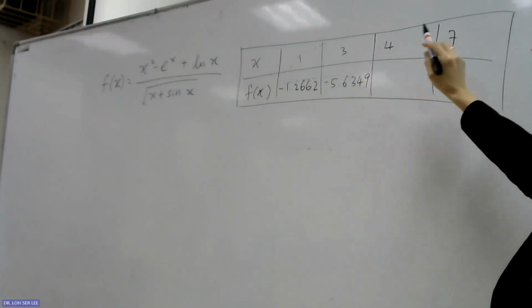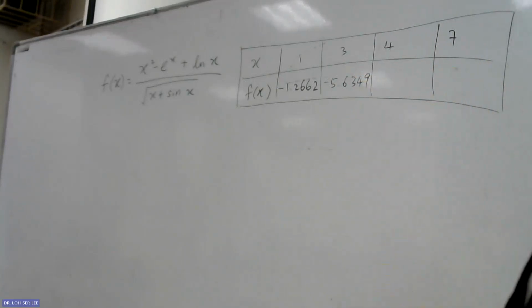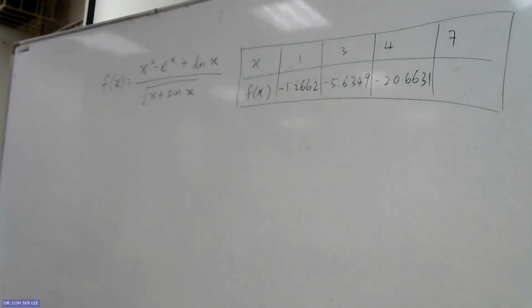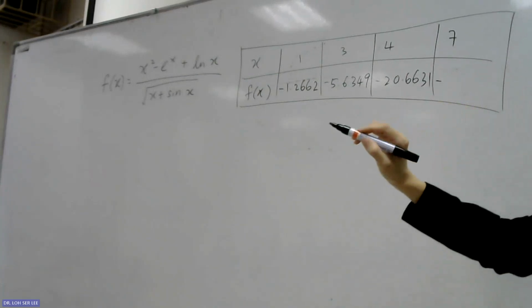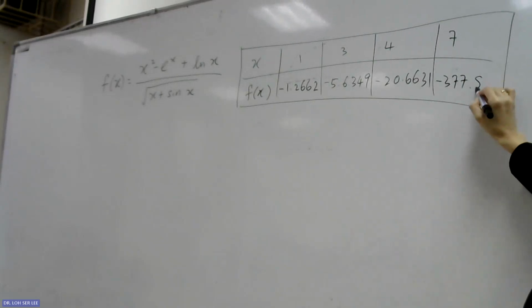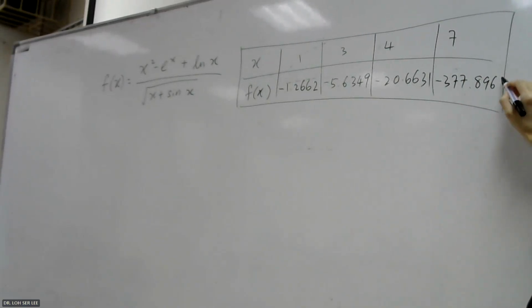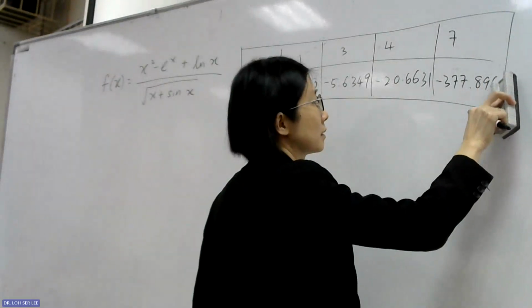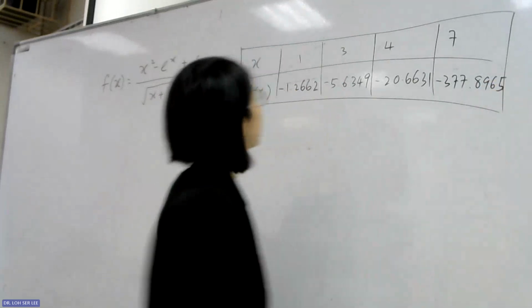When x is 4, negative 20.6631. And negative 377.8964.